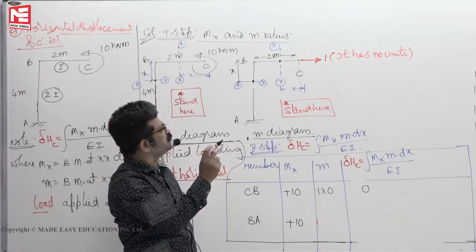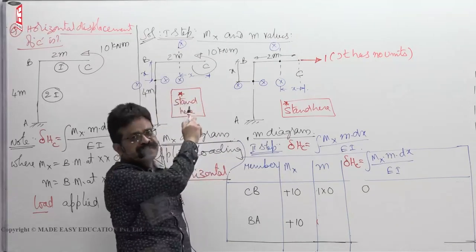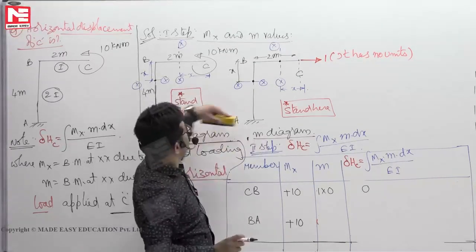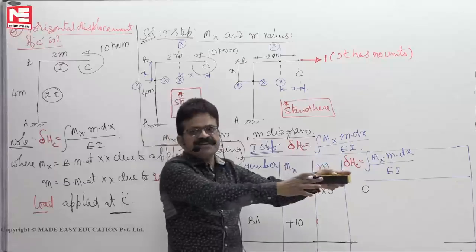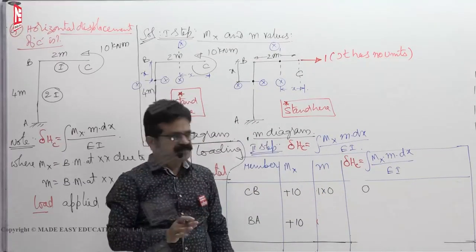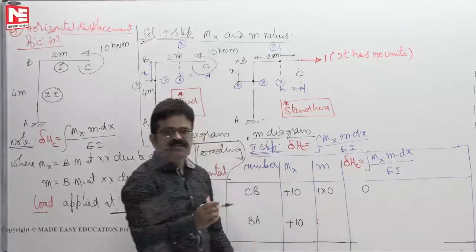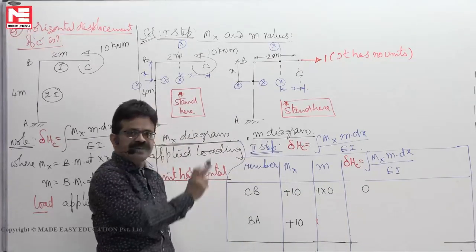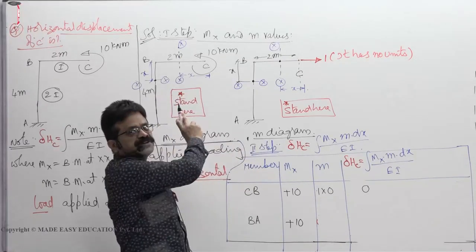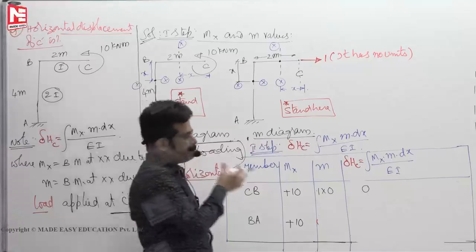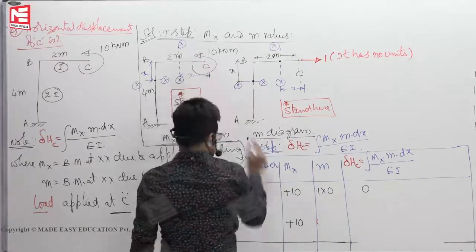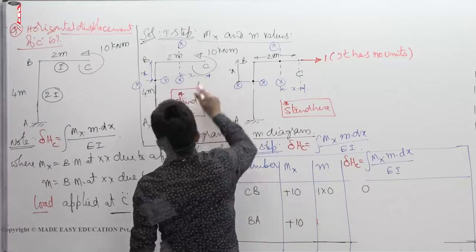So whatever, because of the moment M 10 kilonewton meter, whether you apply 10 or 100, member BC as a rigid body it will translate, it will not contribute to the horizontal displacement. Okay, that is the meaning of that. 0 means because of member CB, horizontal displacement at C is nil due to the applied moment of 10 kilonewton meter.